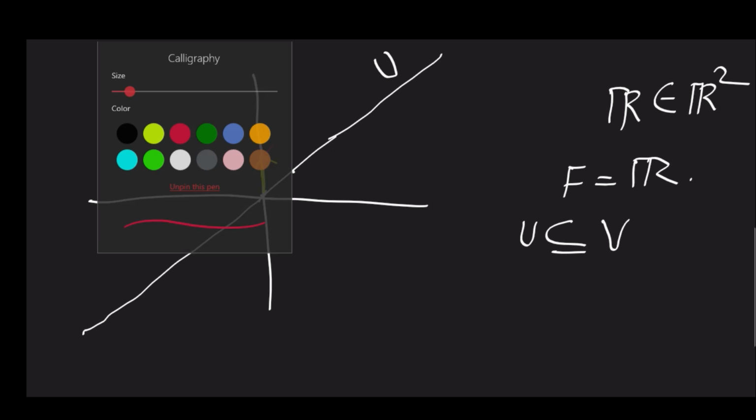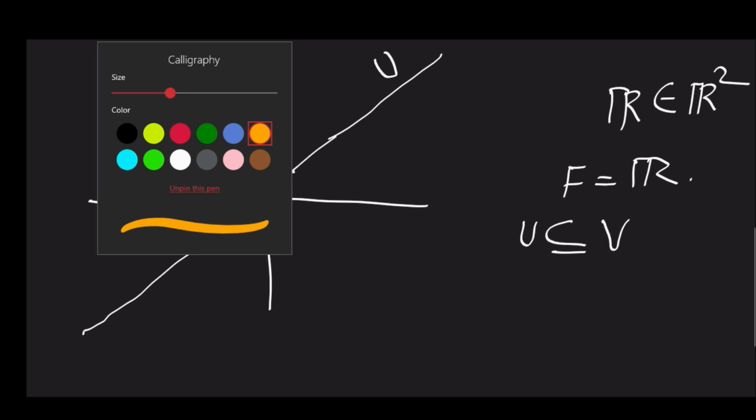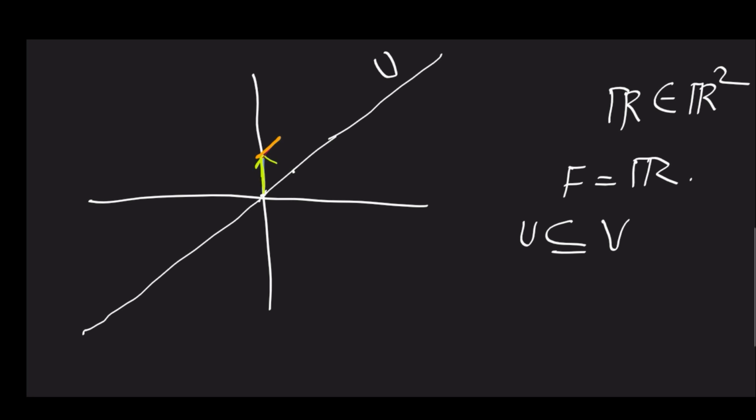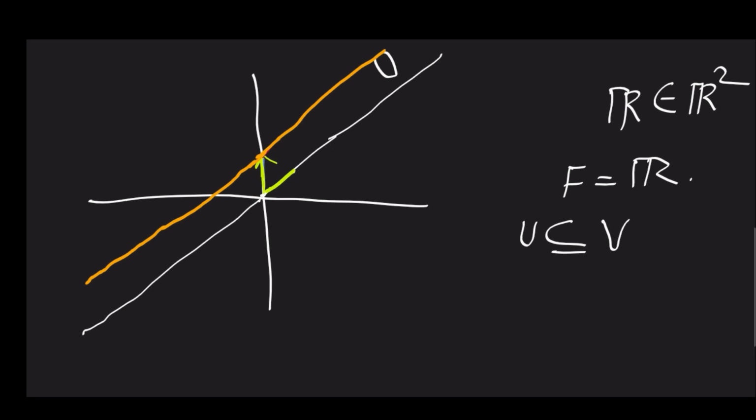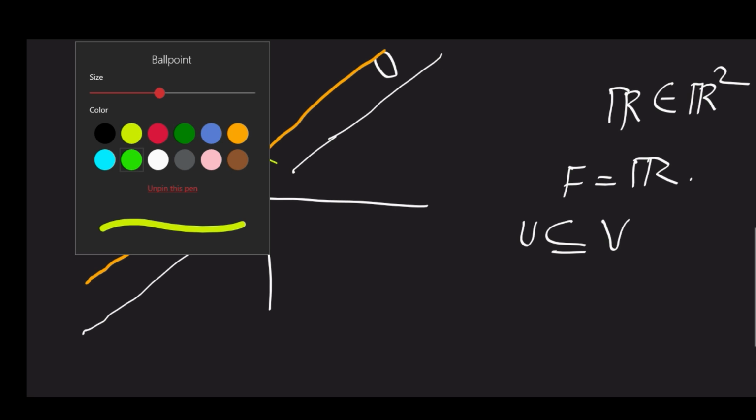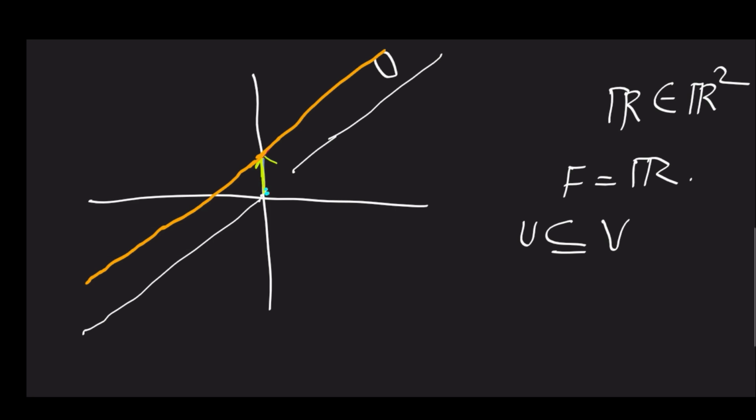A line. So if you consider a unit vector of this line, say this is the unit vector or basis of this space.